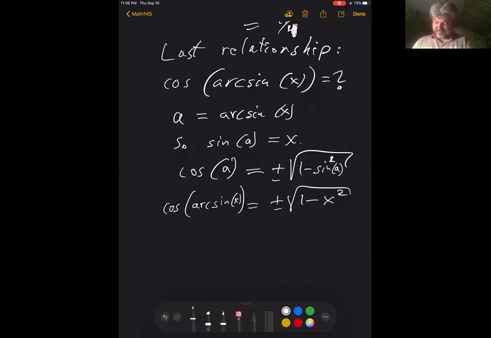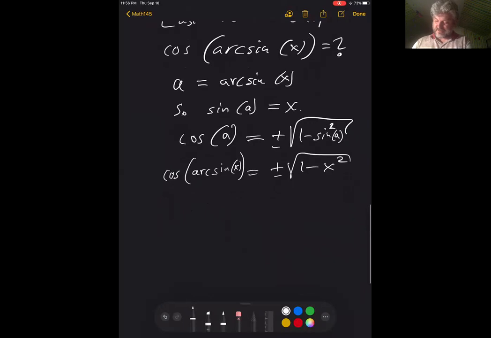What about the plus or minus sign? Can we figure that out real quick? The range of the arcsine function is between negative pi over 2 and pi over 2.